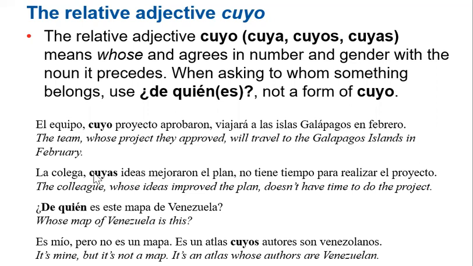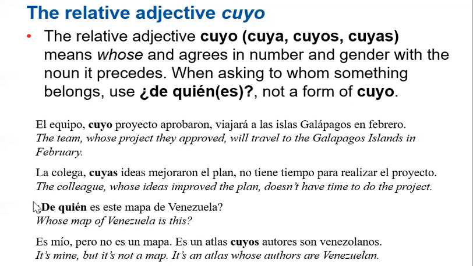This happens to be the plural form of it, so we use the feminine plural form of cuyo, which is cuyas. Cuyas ideas has nothing to do with la colega, the form that we used. So the colleague whose ideas improved the plan. Again, this is just a little non-restrictive clause that's just giving a little bit more information about la colega.